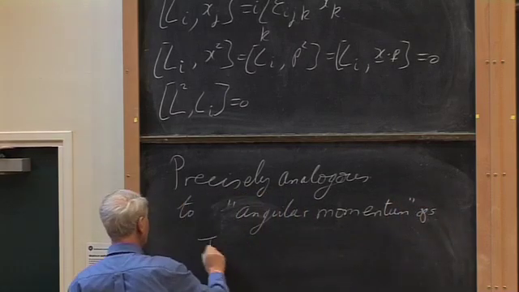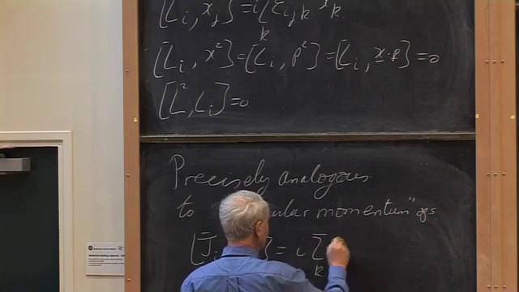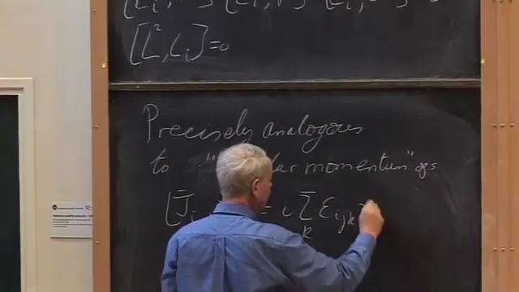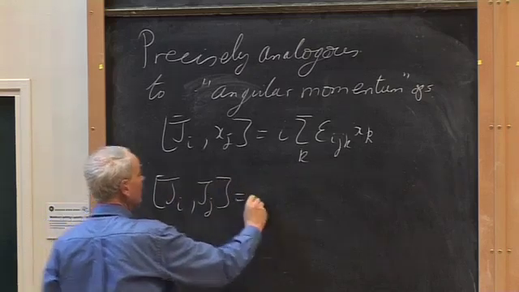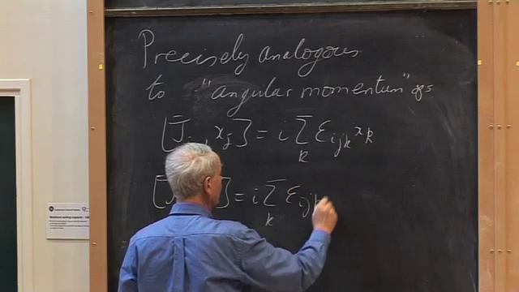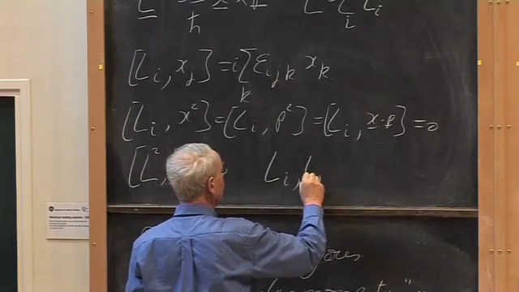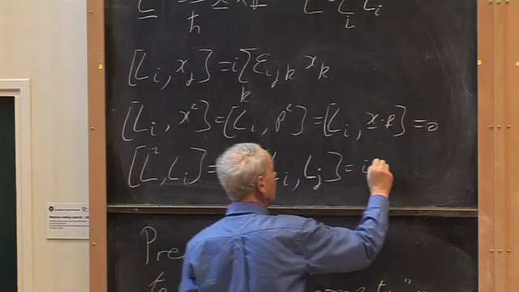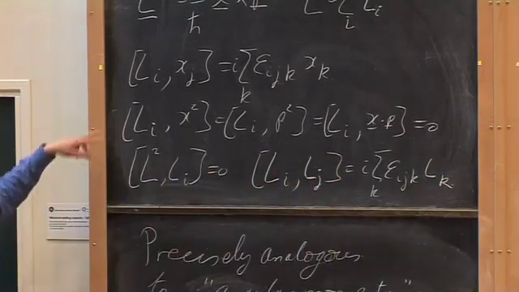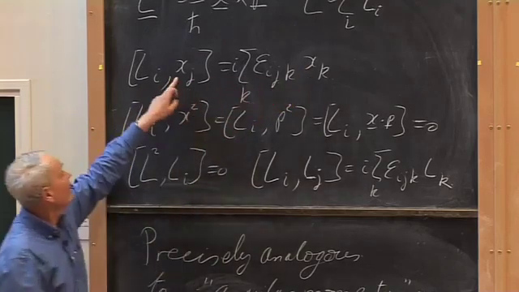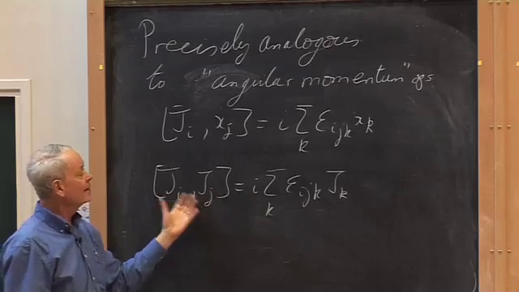So for example, the commutator of Ji with xj is i sum over k, epsilon ijk xk, etc. So we have that the commutator of Ji, Jj is equal to i sum over k, epsilon ijk Jk, which mirrors one which I didn't write down up here and should have done, which is that the commutator of Li, Lj is equal to i sum over k, epsilon ijk Lk, which is really an application of this rule here to the vector L being put in here, so Lk appears over there, which just says that L is in fact a vector operator, and similarly, this is a generalization.